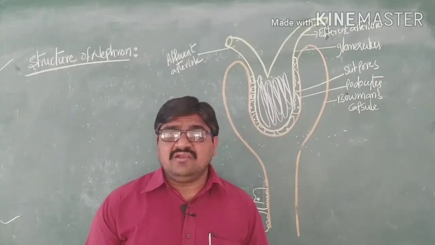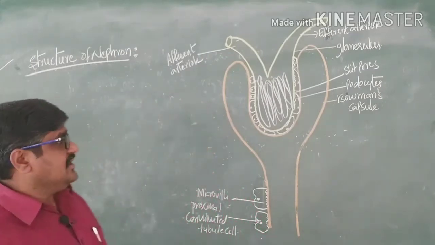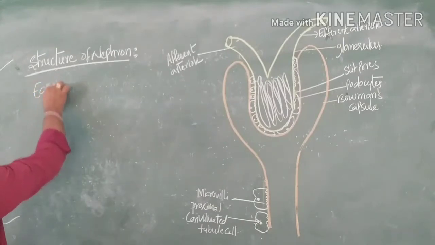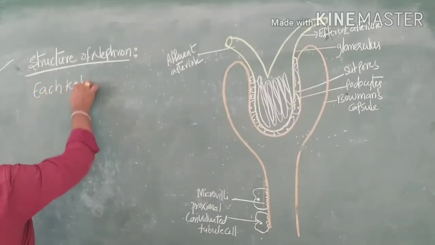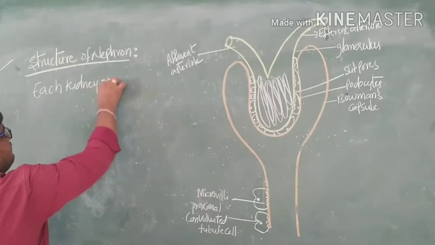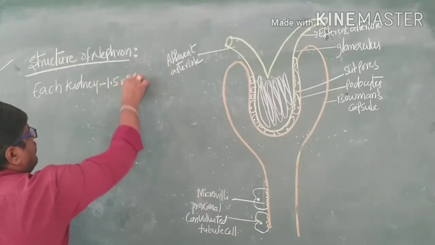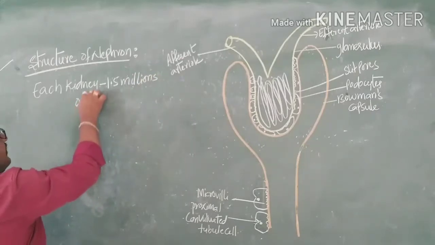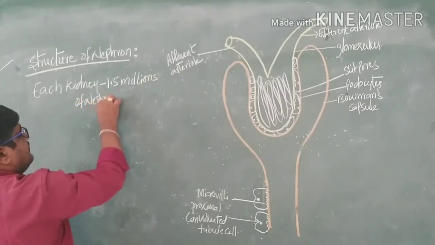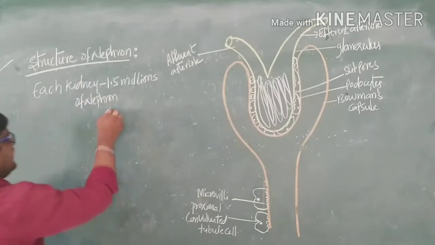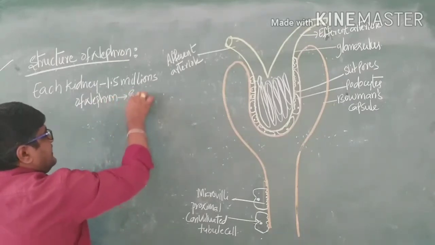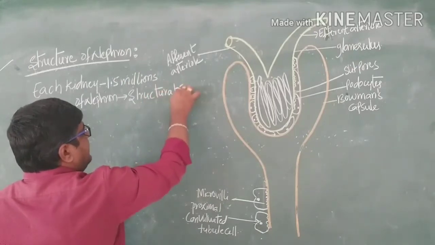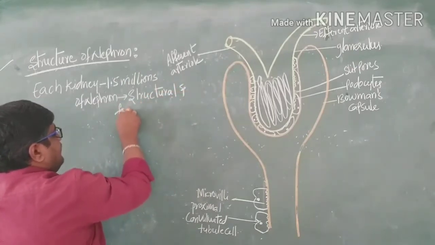Each kidney consists of 1.5 million nephrons, which are the structural and functional units of kidneys.